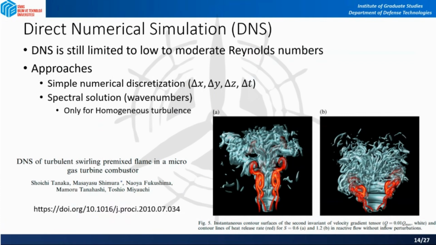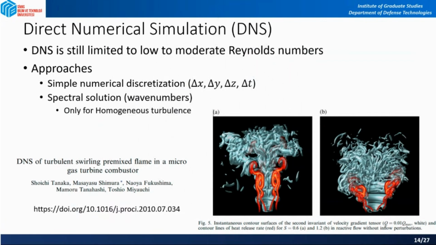And in order to do direct numerical simulation, you have two ways. One is to discretize the Navier-Stokes equations written in physical space. So you have your velocity and your pressure, and then you have your x, y, and z coordinates.